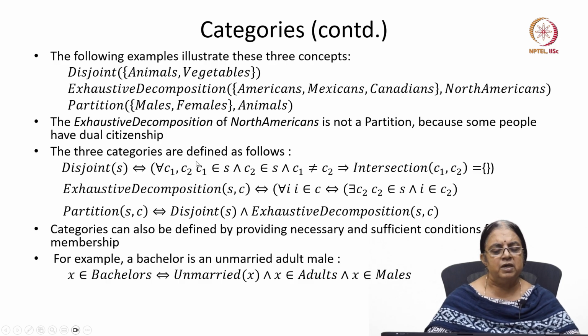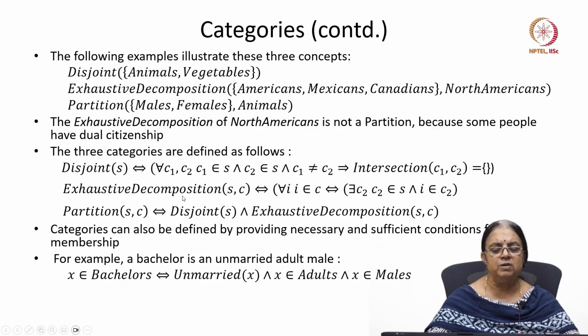So these can be defined in this way by using predicate logic. For all C1, C2, if you take two categories where C1 belongs to S and C2 belongs to S and C1 is not equal to C2, their intersection is null. When their intersection is null, you don't have any member which belongs to both.